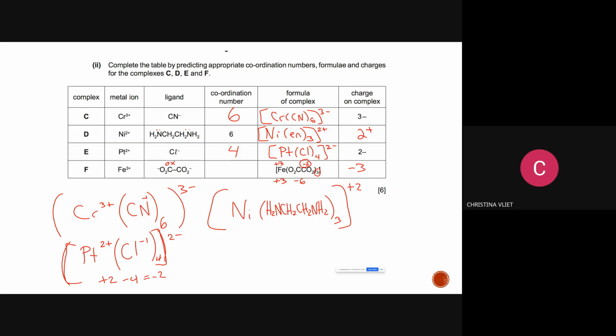This is +3 for the metal. There's 3 of these, and each of them is -2. So 3 times -2 is -6. 3 minus 6 is -3 overall charge. What's the coordination number here? Because this is bidentate, one is 2.